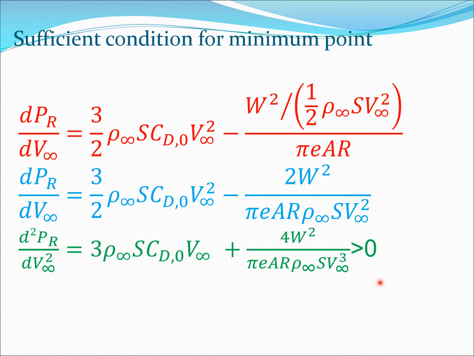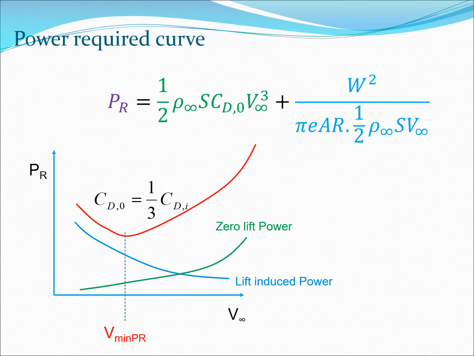They are all physical values such as density, the area of the wing, the drag coefficient, the velocity, the weight, the value of e, the value of aspect ratio, and so on. So this number is always going to be positive, and therefore we have in fact got the minimum point, because that's the sufficient condition for a function having a minimum point.